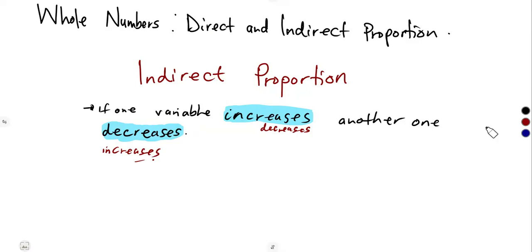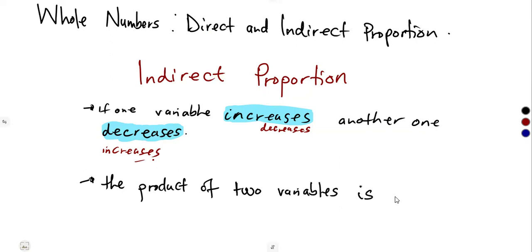So in this case, for these variables that we are talking about, one is increasing, another one is decreasing. The product, this time we're going to take the product of the two variables, is constant. That is the condition of this one. The product of the two variables is constant.